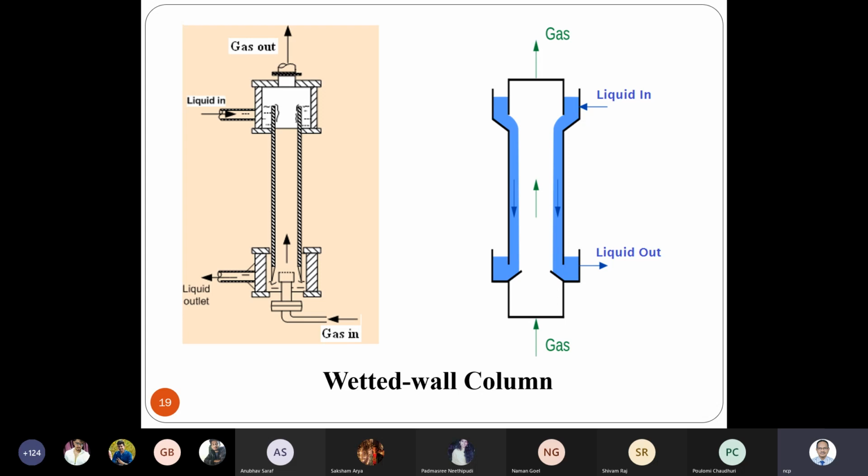In that case, a jacket is generally used, through which we can send cold or refrigerated liquid so that we can remove this exothermic heat, right? So this type of contactor is used for hydrochloric acid production by absorption of hydrogen chloride gas in water. This is one commercial application of the wetted wall column.